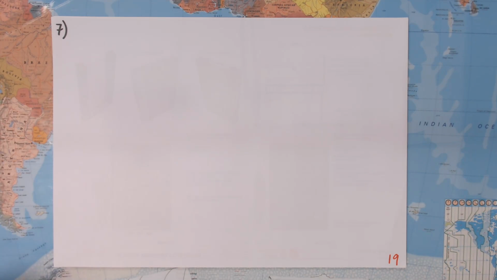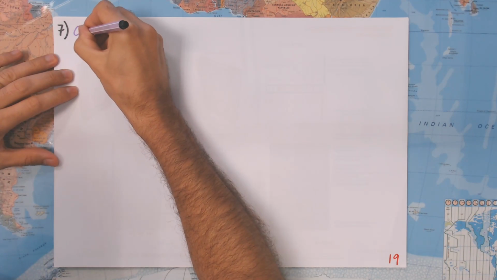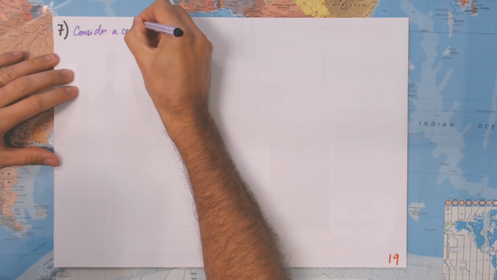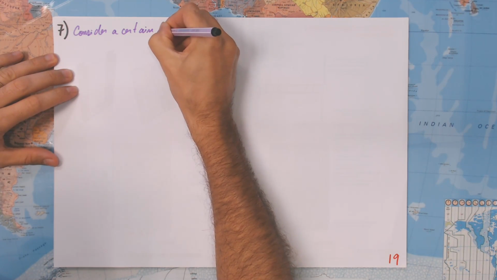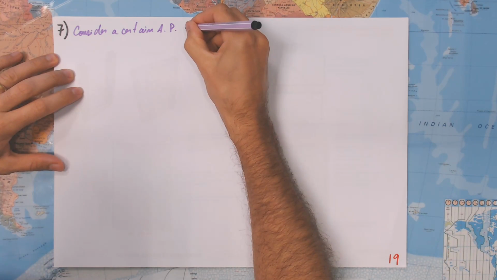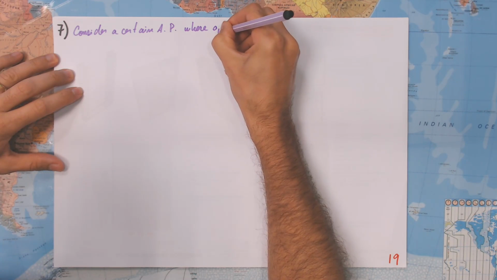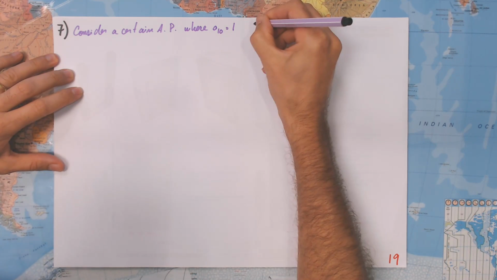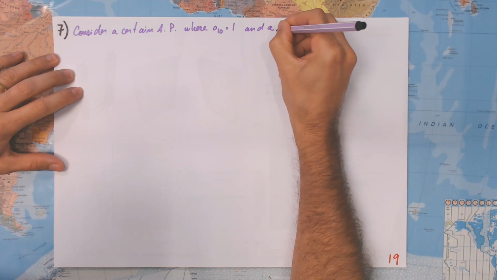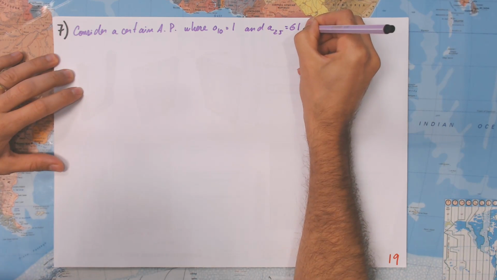Now let's solve this exercise number 7. Consider a certain arithmetic progression where A10 equals 1 and A25 equals 61.